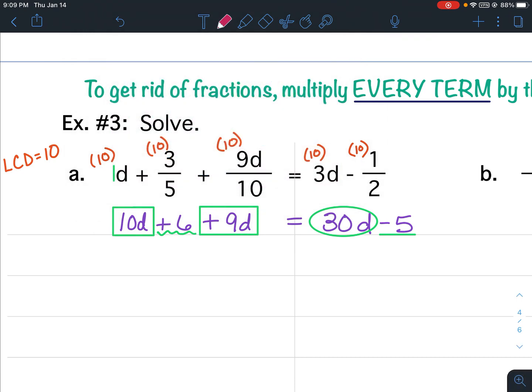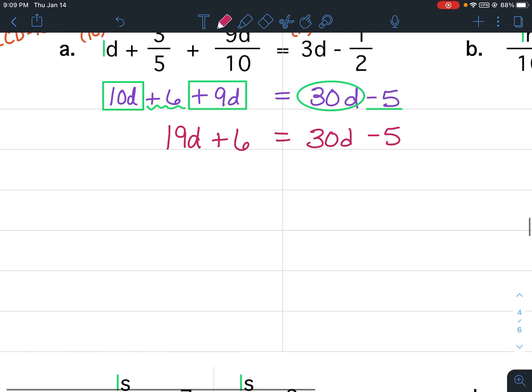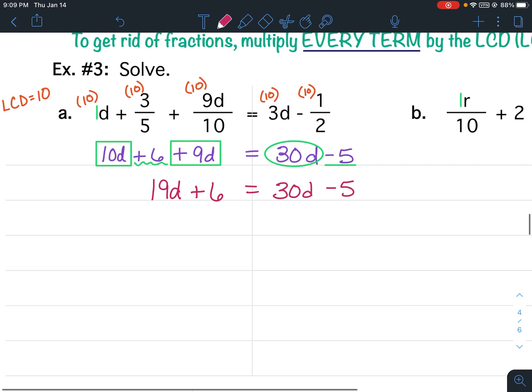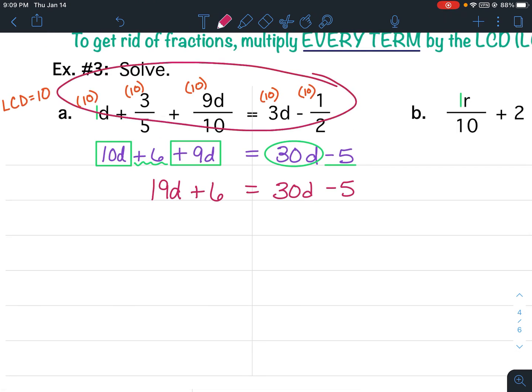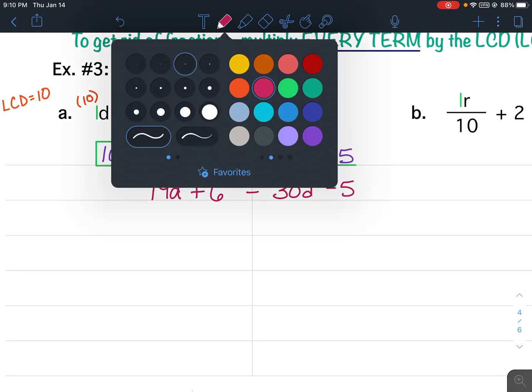All right, 10 plus 9 is 19D. Bring down the plus 6. Bring down the 30D minus 5. All right, so this right here is like the distributive property. What we did here is combining like terms. That was the second step of multi-step equations.